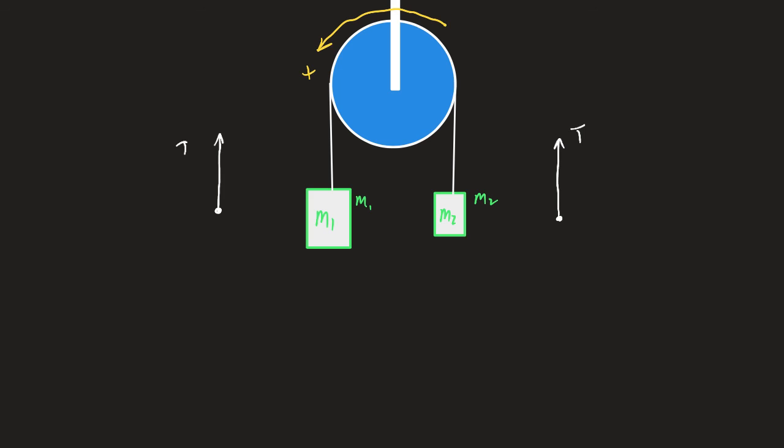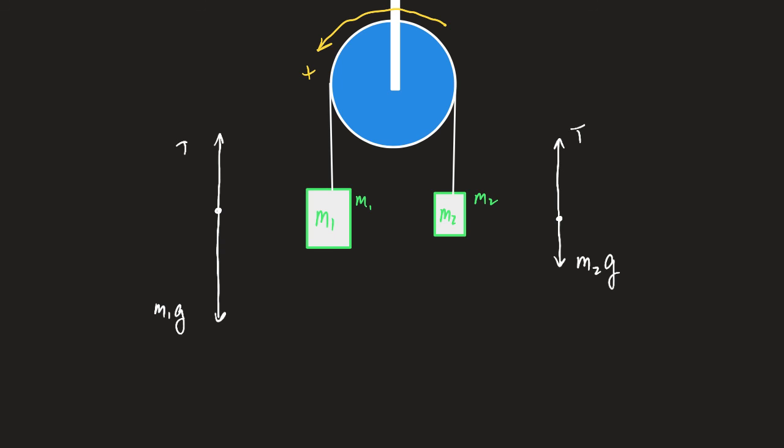The only way that can happen is if the net force on the left is unbalanced downwards, and the net force on the right has to be unbalanced upwards. It's the only way the system will accelerate like this.